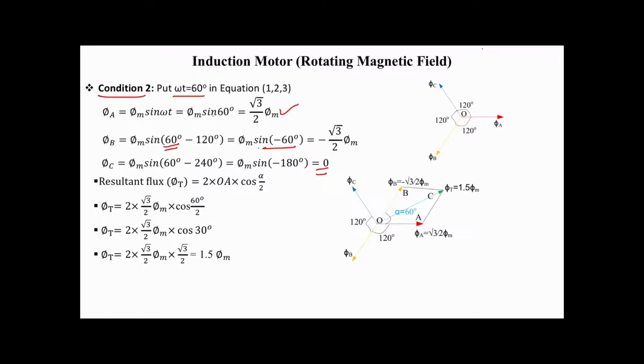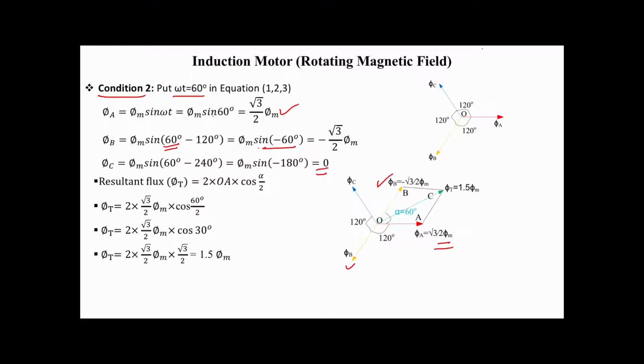So we get the values of phi a, phi b and phi c for the condition when omega t is equal to 60 degree. Now make the phasor diagram for this. In this case phi a is equal to root 3 by 2 phi m, and phi b is minus. So phi b is here, so minus phi b will be in the opposite direction, and the magnitude will be root 3 by 2 phi m.